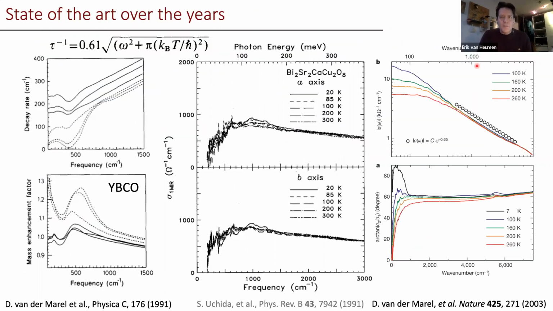Now the properties of this mid-infrared response are actually quite interesting. And so in 2003, it was Dirk van der Marel together with Jan Zaanen who showed that maybe the optical conductivity in the mid-infrared follows a 1 over omega to some power dependence, so really different from the Drude response. And this power law dependence, according to them, was a signature of a quantum critical state.